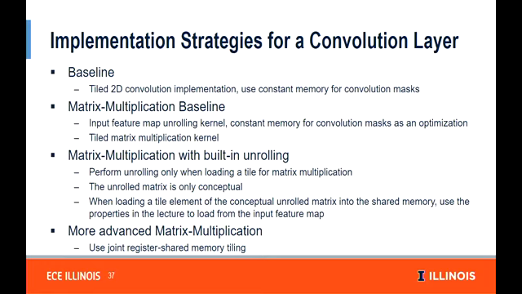So far I have talked about the baseline tiled 2D convolution implementation using constant memory for the convolution masks, and using the X, Y mapping to give you the thread block that will process all the input channels together, and then you reserve Z for all the inputs in the batch. So that's good. And then the next level is the matrix multiplication baseline. You can write an input feature map unrolling kernel.